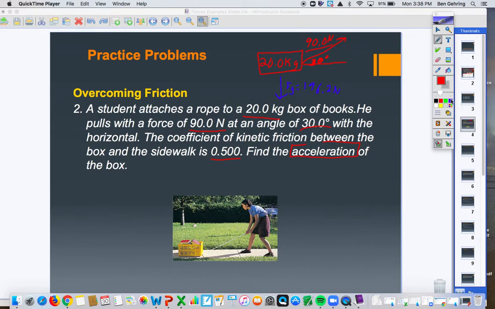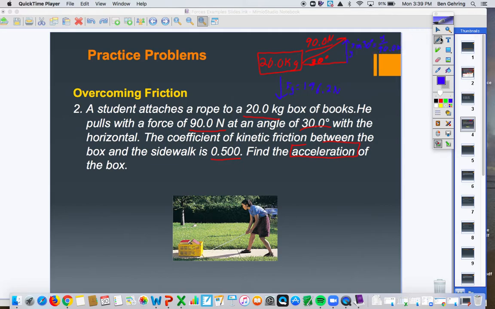So if I look at the y component here, I can find this using my trig function sine and know that the sine of 30 degrees is equal to my opposite side, or my y over here, over my hypotenuse, which in this case is 90.0 newtons.